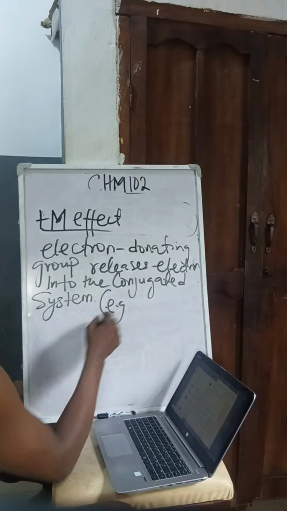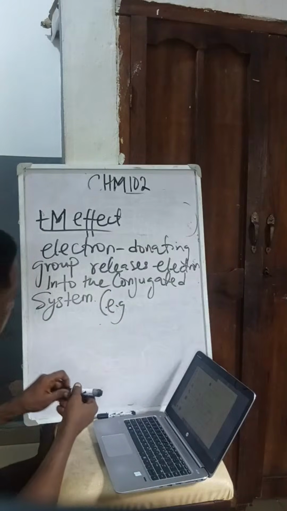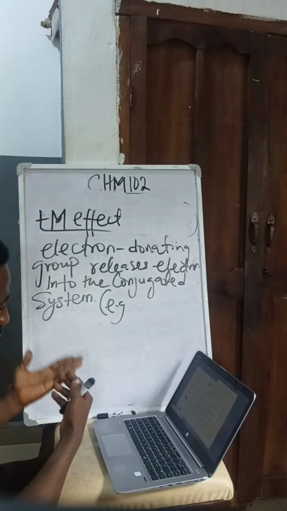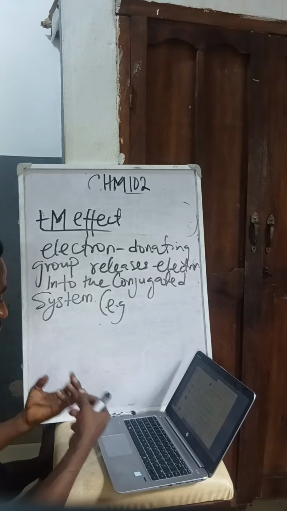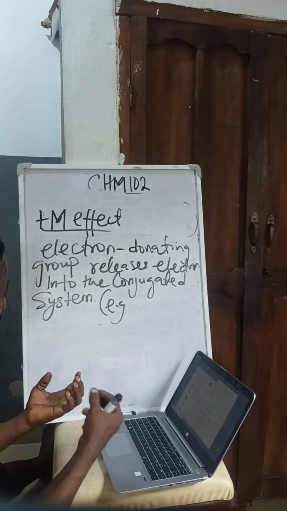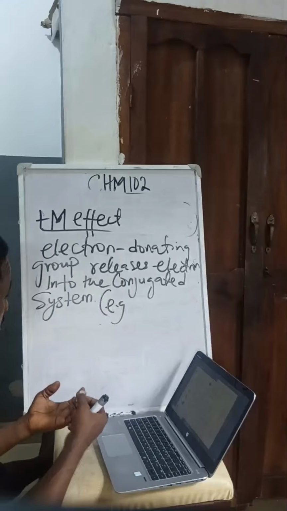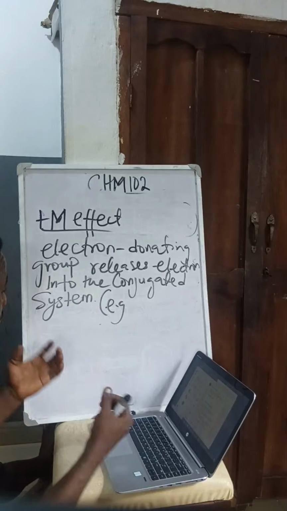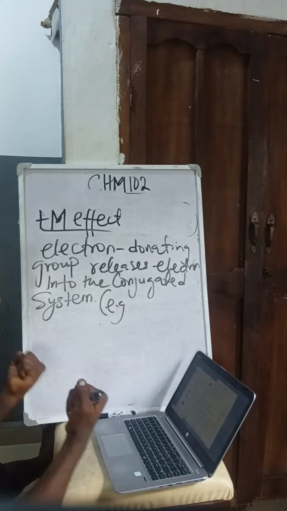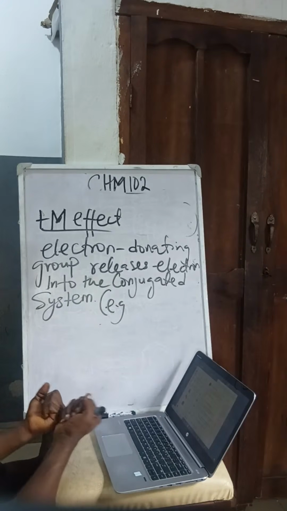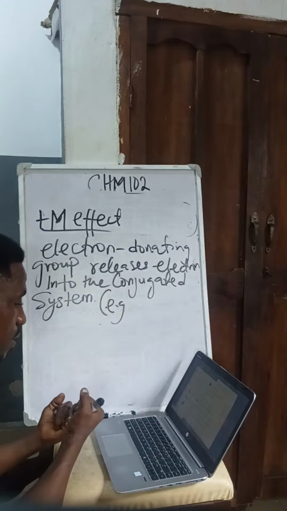For example, remember, in this conjugated system, the group that will be releasing electron must be electron rich. Okay, must be rich in electron, and we can call them nucleophiles.